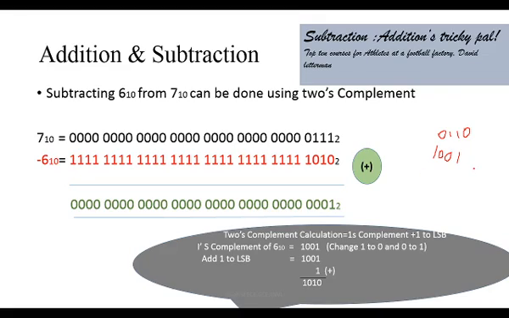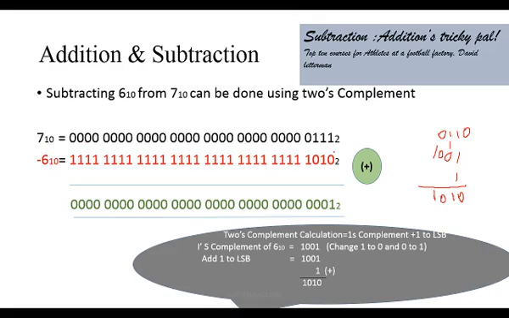For 2's complement, I need to add 1 to the least significant bit. So 1 plus 1 is 10. So it is 0, again 1, again it is 1. Then I am doing this 1, 0, 1, 0. So I have added this 1, 0, 1, 0 here, and I have to negate all the zeros to 1. Okay, so all the zeros are negated to 1. Since this is negated, I have represented this number in red color.